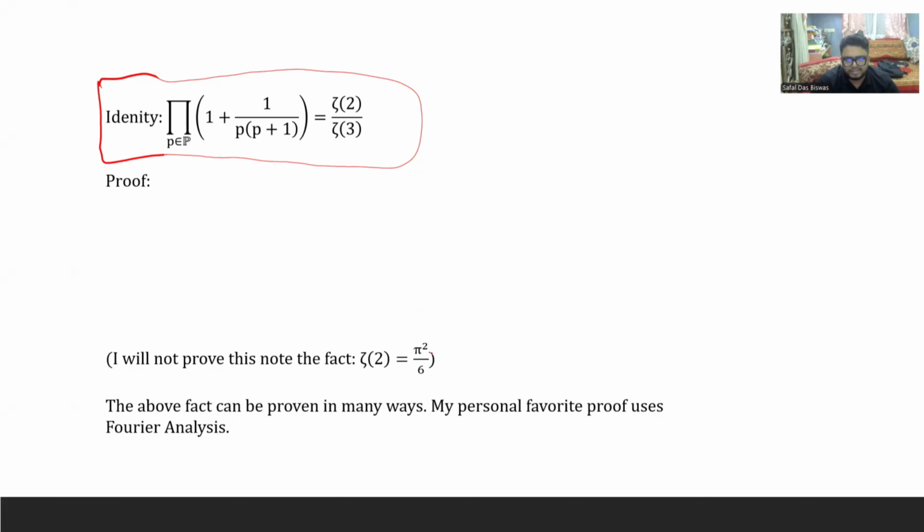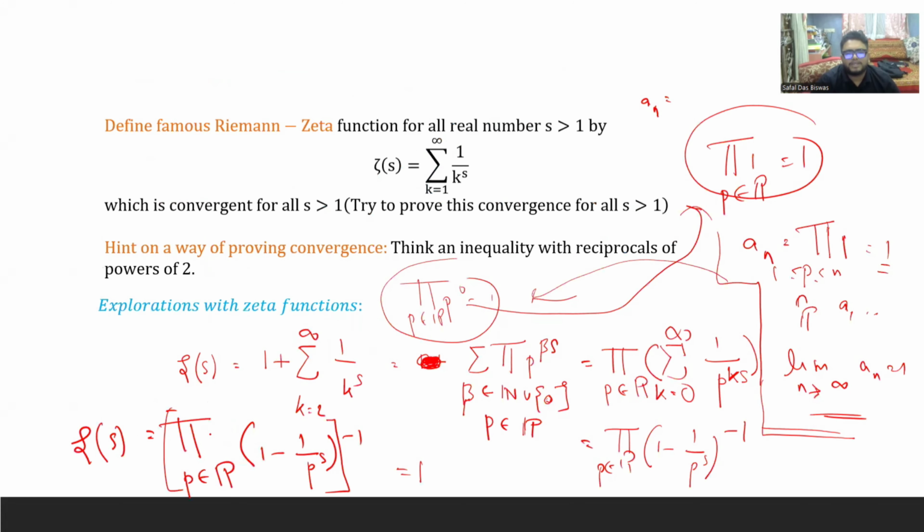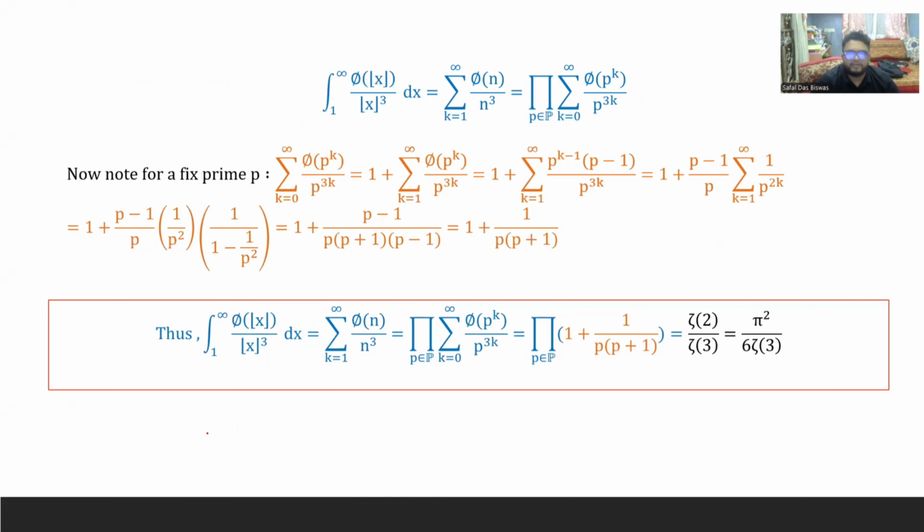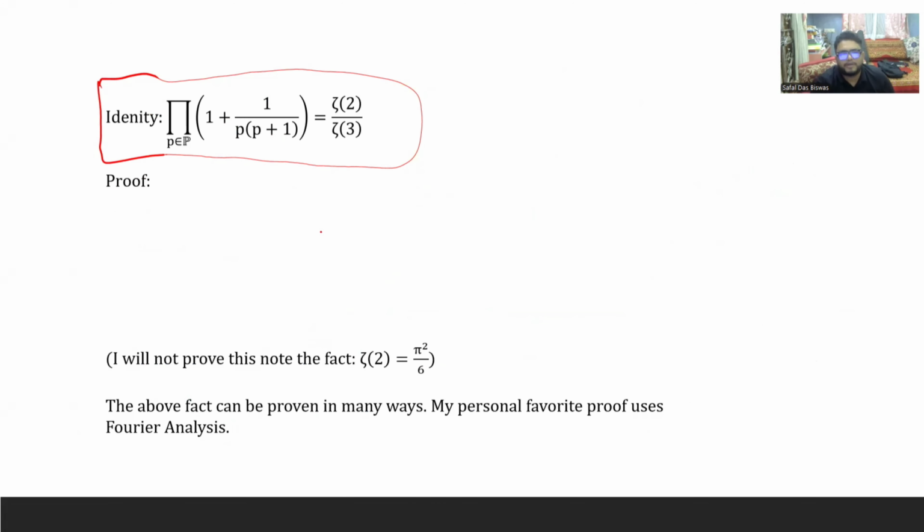This can also be proven using complex analysis, but the complex analysis idea is basically near to the idea of Fourier theory, harmonic analysis. So zeta 2 equals pi square by 6 can be proven using Fourier analysis, and that's it.